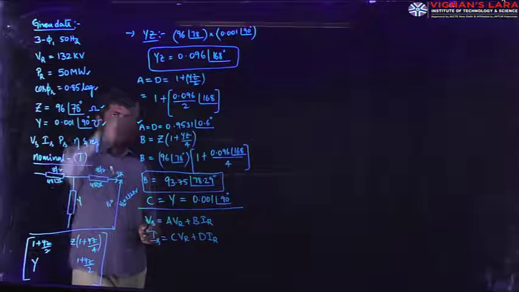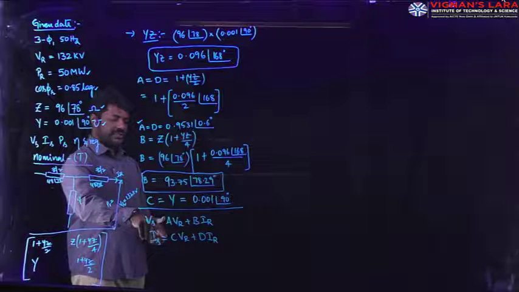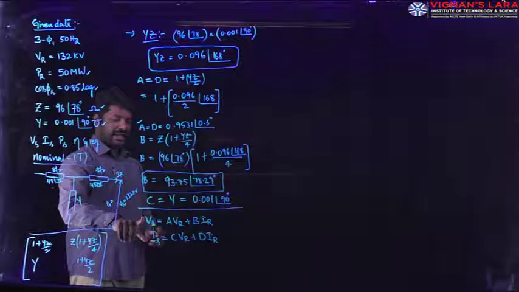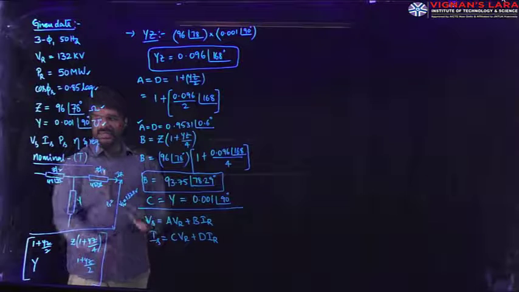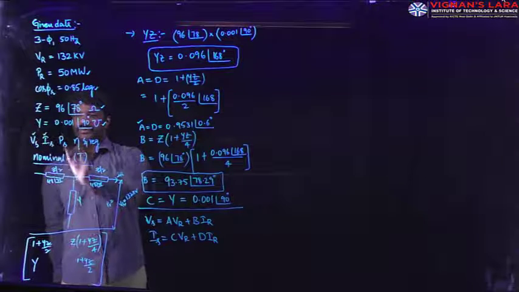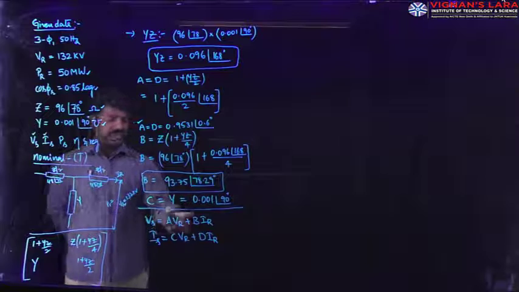ABCD are just now calculated values. Substitute in these performance equations and then you can estimate the values of Vs and Is, which are our required values also. So ABCD is completed.